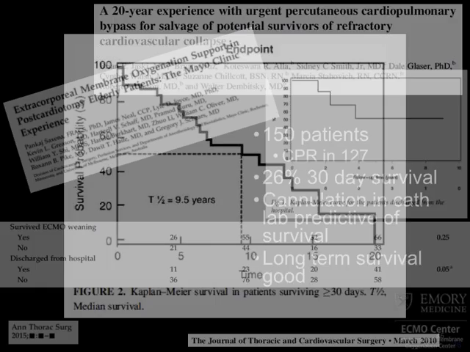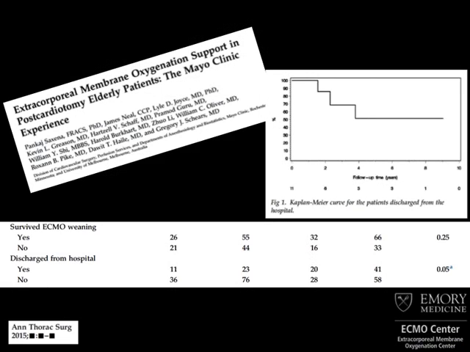Of late, what's advanced age? This is a manuscript that was just published out of Mayo of 70 and 80-year-olds that got ECMO post-cardiotomy, typically. And you can see here, they don't do as well as we would like.